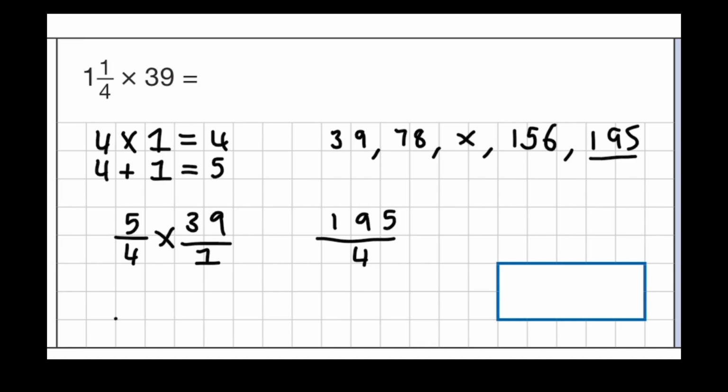To convert it back to a mixed number, we divide the numerator by the denominator. So we need to do 195 divided by 4. So we could do that in bus stop method.